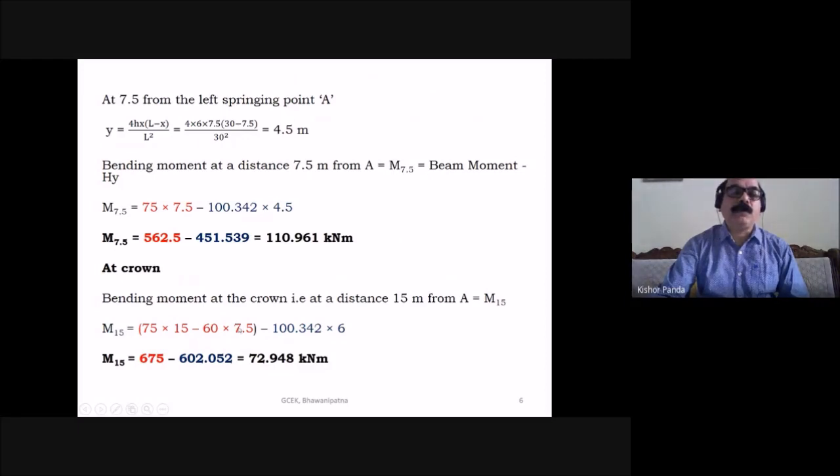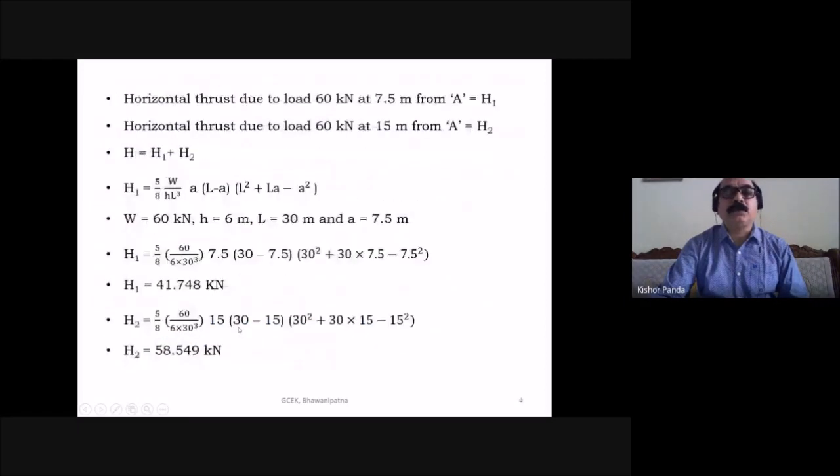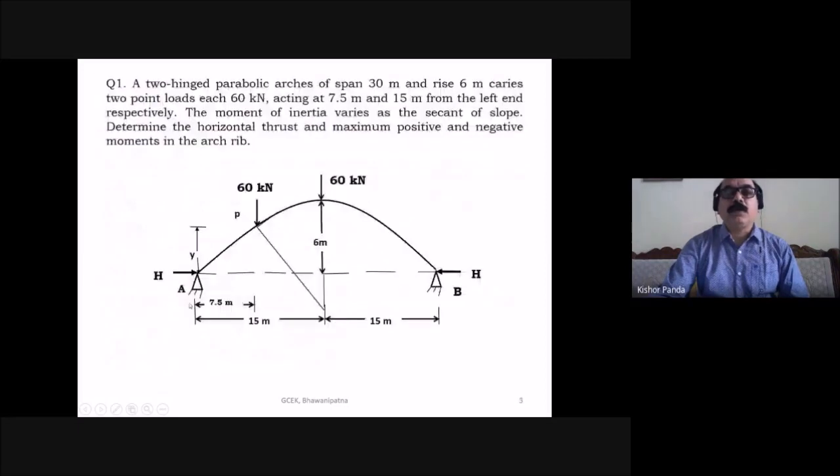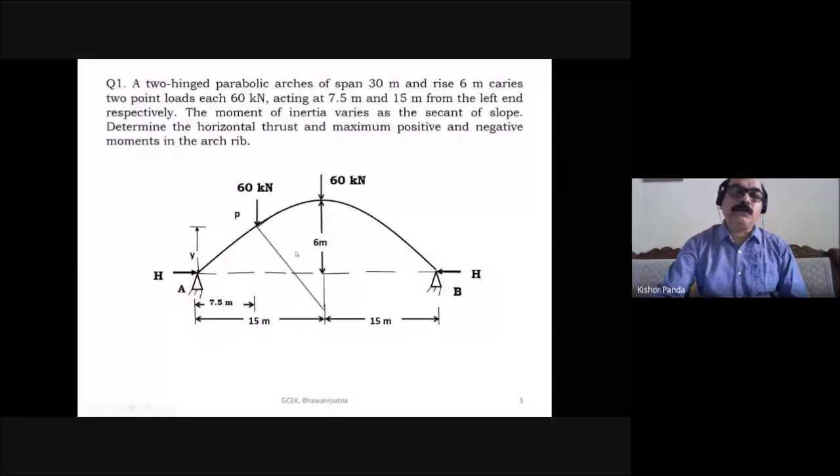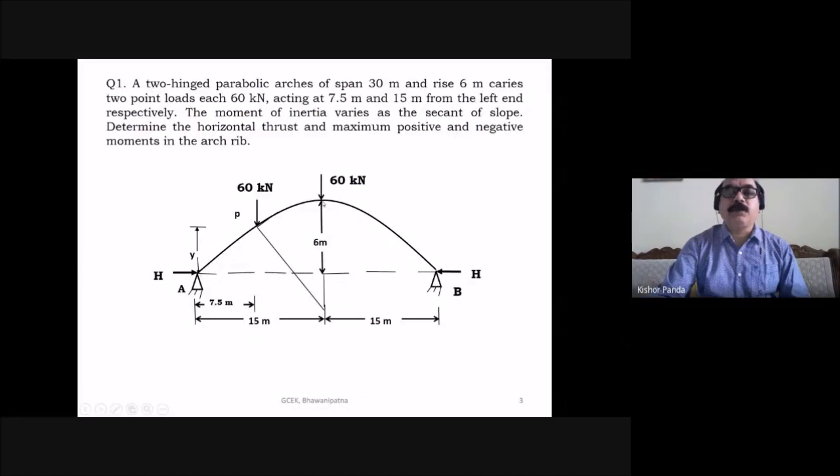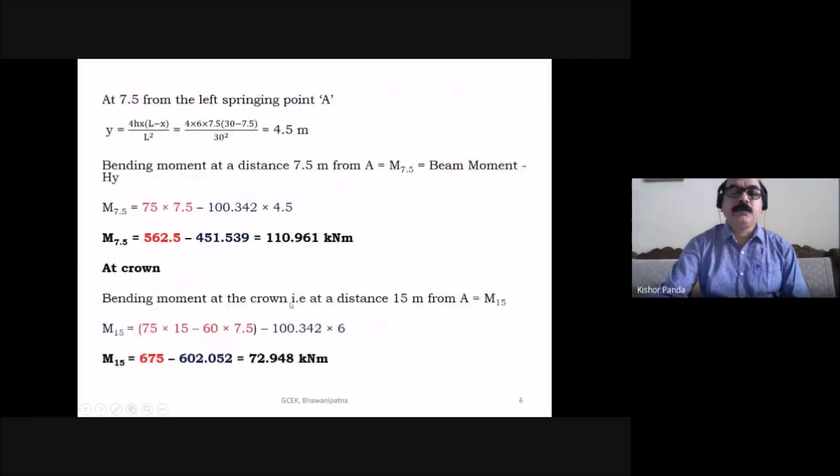Then you find out the moment due to the horizontal thrust. So due to this horizontal thrust, what is the moment here? H into the perpendicular distance between them. This perpendicular distance is 6 meter. So H into 6 is the moment due to the horizontal thrust, 100.342 into 6.